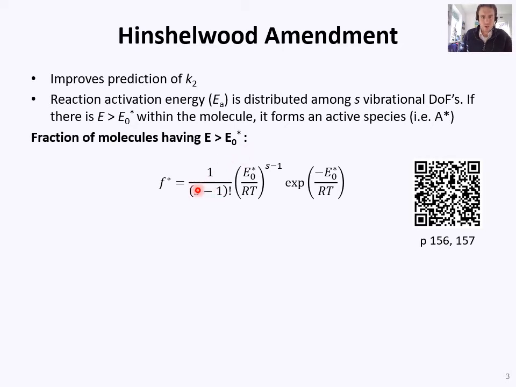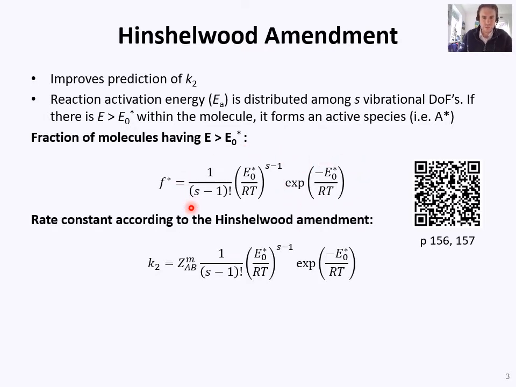And of course, the bigger the value of S, the bigger this additional term gets, which is additional to the normal fraction term, which would just be the exponential bit here. We can see that on the next slide. If we put this into the rate equation: if you remember back from collision theory, the rate constant is equal to the collision density, the number of collisions in a given amount of time, multiplied by the fraction of collisions that have enough energy.